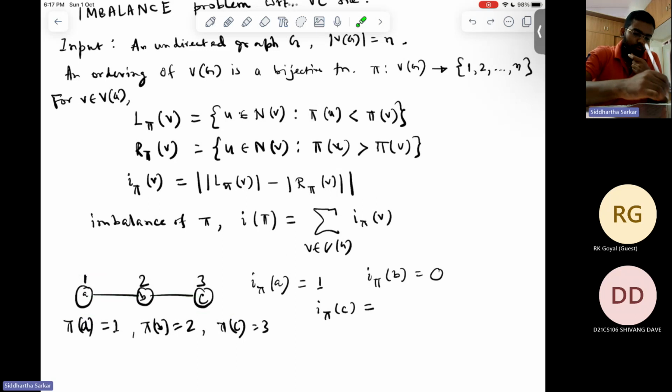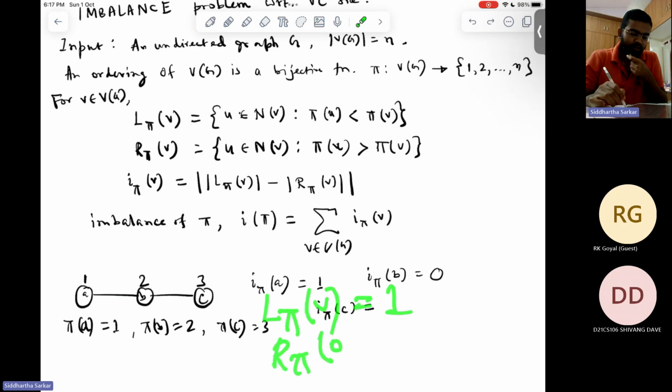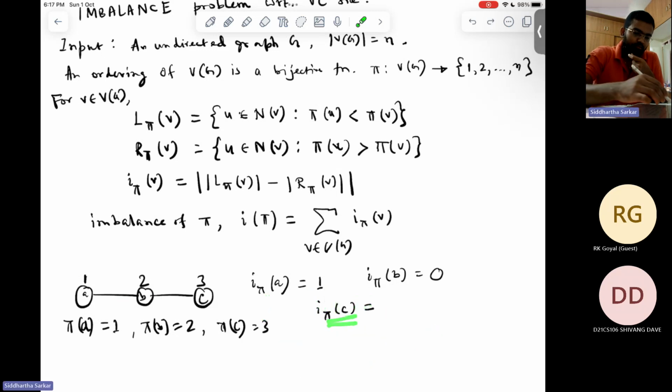But we can do it formally. C has only one neighbor, and that neighbor has received label 2, which is less than 3. So L of C with respect to pi is 1, but it doesn't have any other neighbor, so R of C with respect to pi is 0. Therefore the imbalance at C is 1.